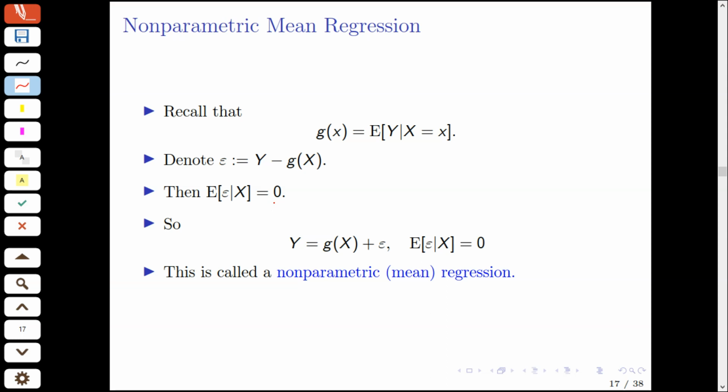So, having introduced this epsilon notation, we could express our outcome of interest as a function g of x plus some unobservable epsilon, which has conditional mean 0. And this shows that our estimation problem amounts to a nonparametric mean regression. So often, the setting that we're considering is referred to as nonparametric regression for short.